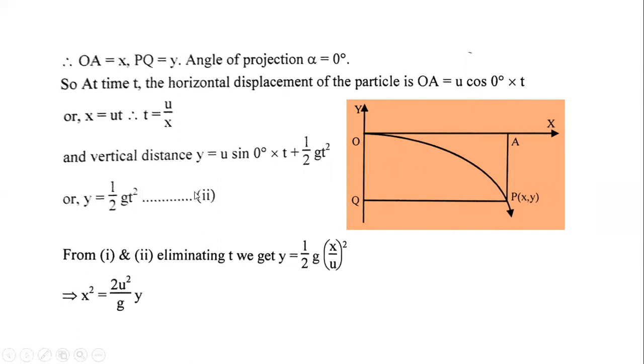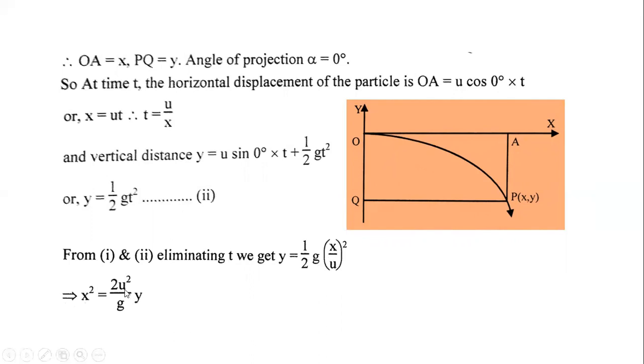From 1 and 2, we get y equals half g t square. If we put the value t equals x by u, then we get y equals half g into (x by u) square.